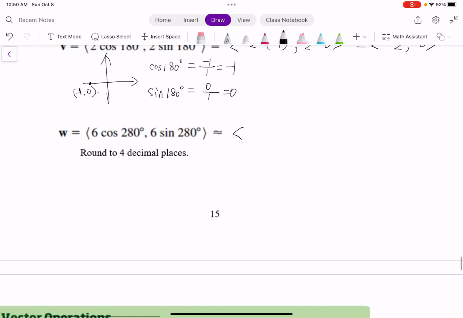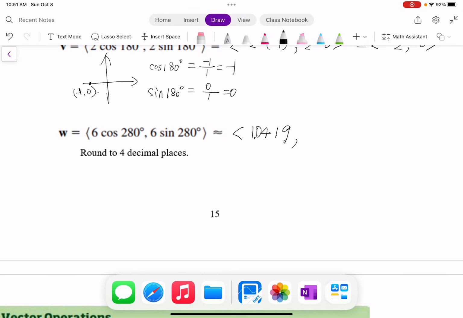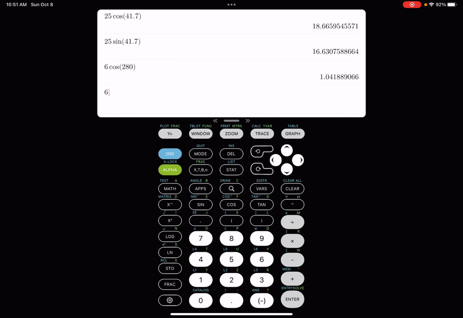So the horizontal component is 1.0419. And for the y component, let's use 6 times sine 280 degrees, close the parentheses.